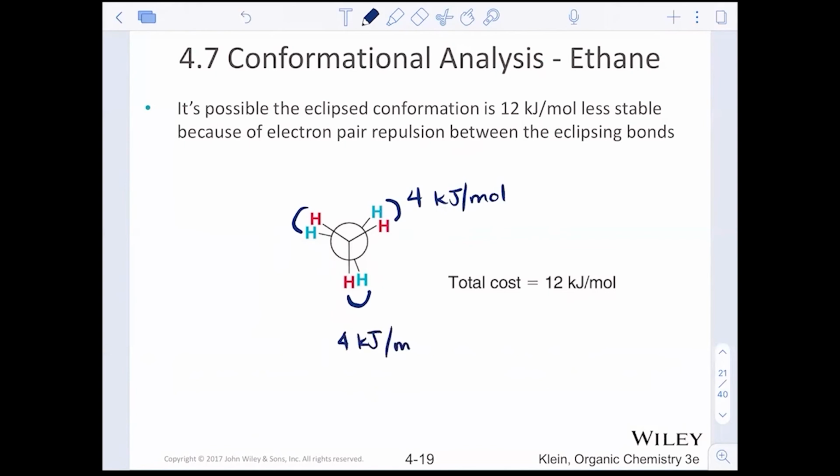There are 3 eclipsing groups altogether, and 12 divided by 3 is 4. So eclipsing CH bonds, a CH bond on the front and a CH bond on the back, costs 4 kilojoules per mole. Excellent.